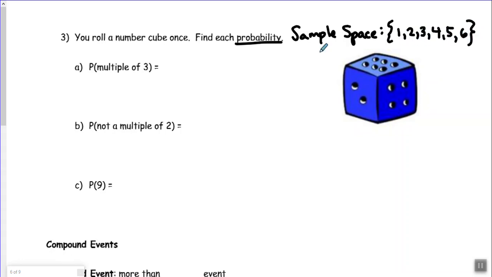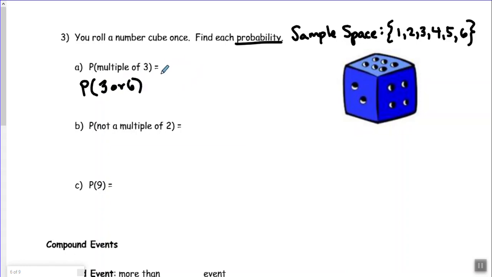The first probability asked me to find a multiple of 3. A multiple of 3 would be 3 and 6, right? So this is asking me pretty much, what's the probability of getting a 3 or a 6, right?